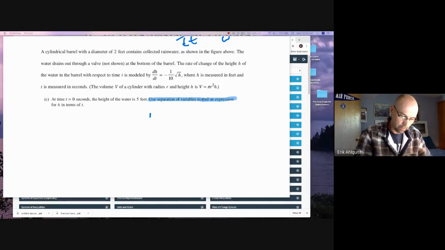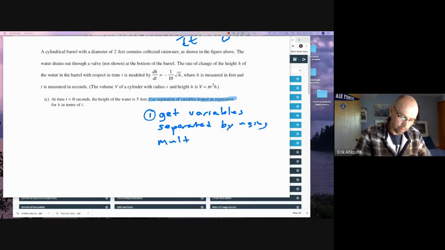So step 1 is to get the variables separated by using multiplication and division only.